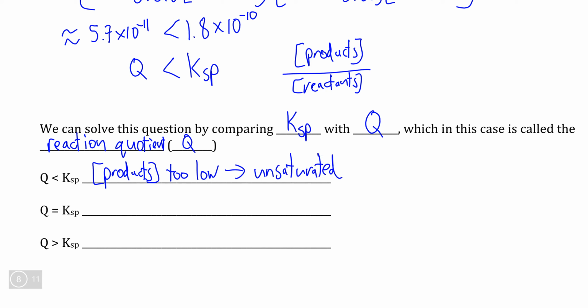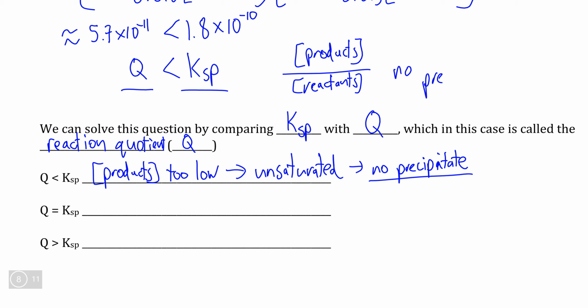And if our solution is unsaturated, that means that we can dissolve more ions into our solution, and therefore we're not going to see any precipitate form. So because Q is less than KSP in this case, we would expect that no precipitate is going to be visible in this particular solution.